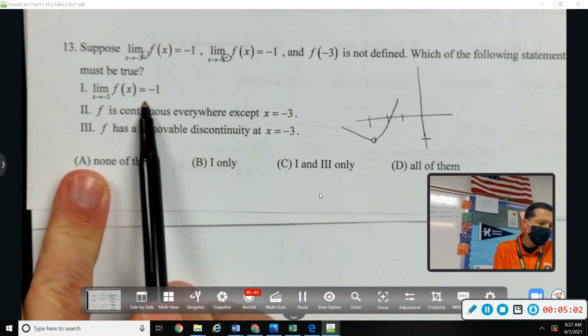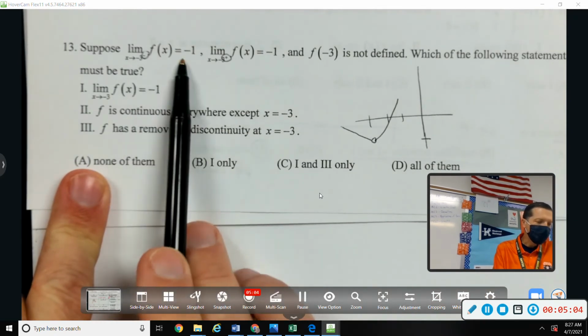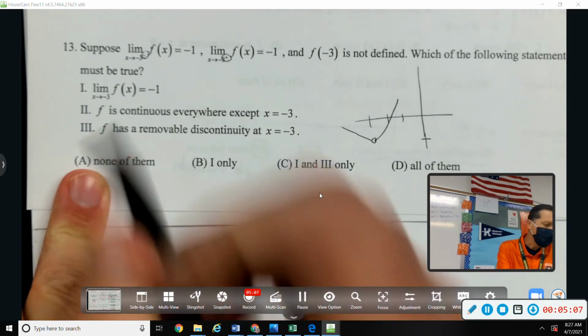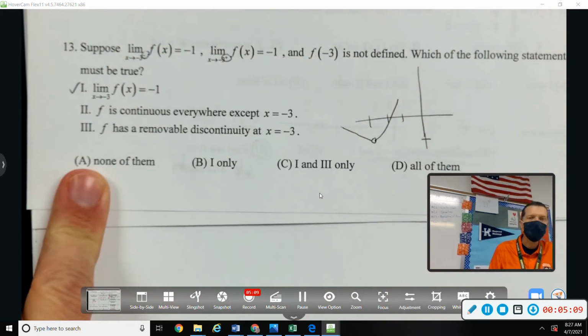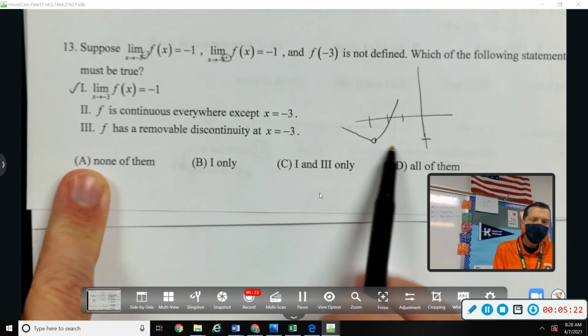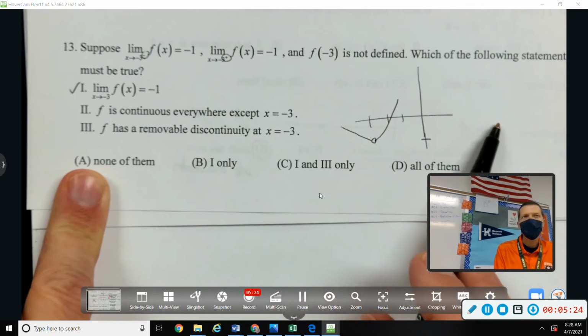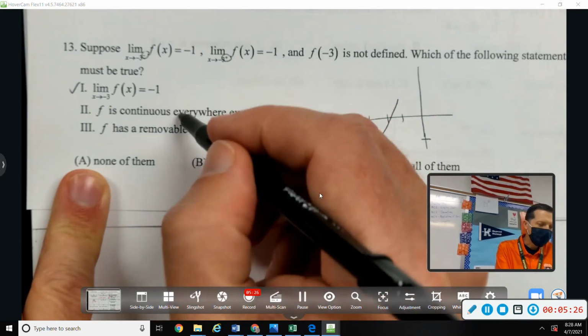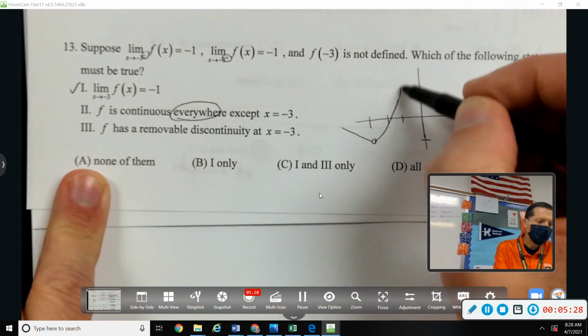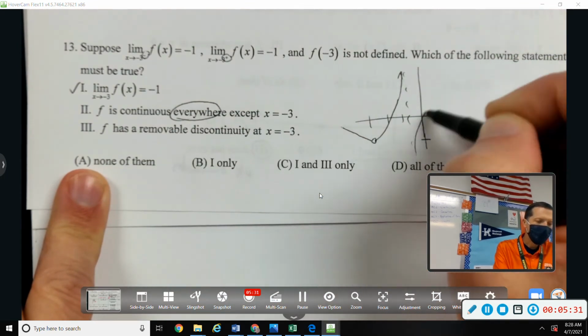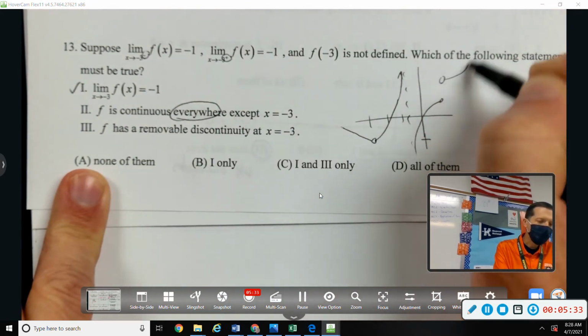The limit exists. Yes, if the limit from the right and the left equal each other, then the limit exists. So that one works. Part 2: f is continuous everywhere except x equals negative 3. Well, it's true that f is not continuous at negative 3, but we don't know what else is going on here. This could be an asymptote, and we could have a jump discontinuity.